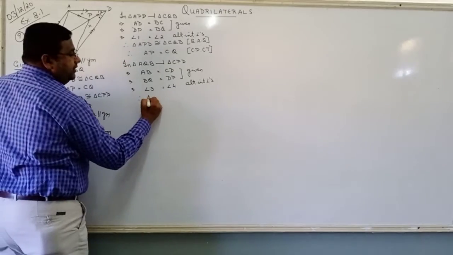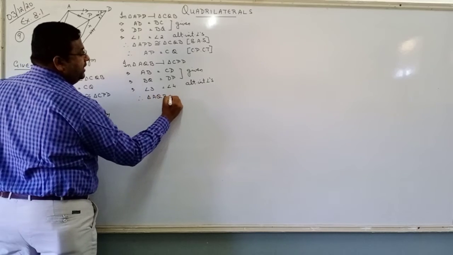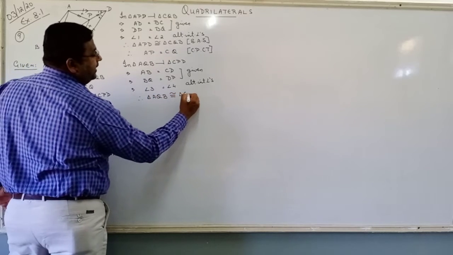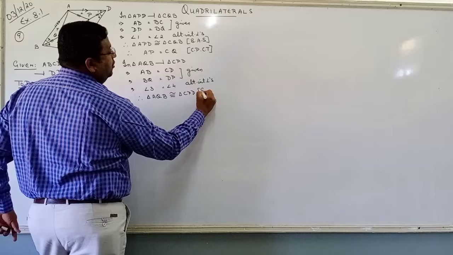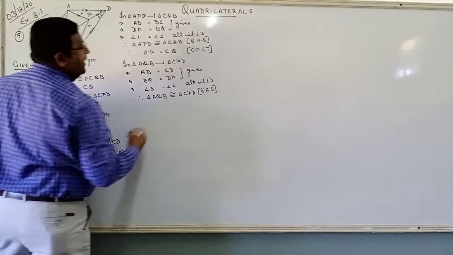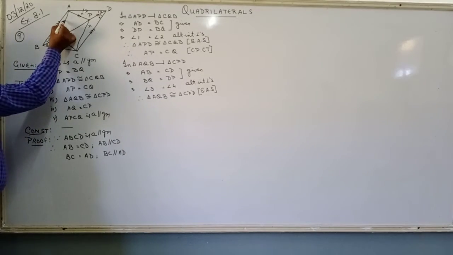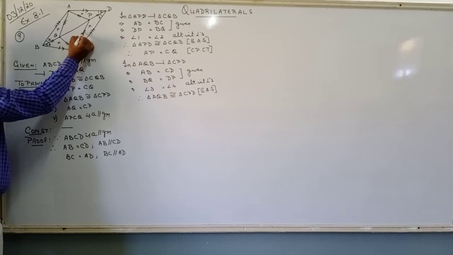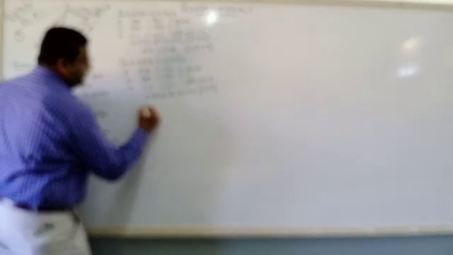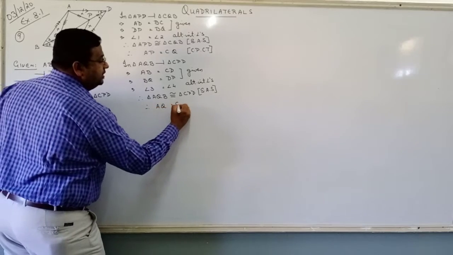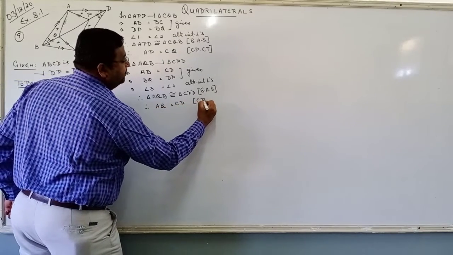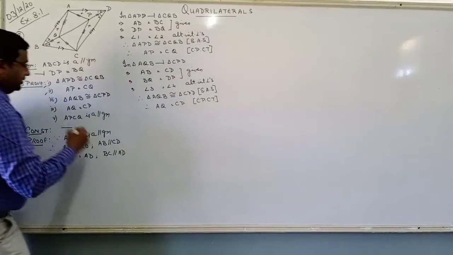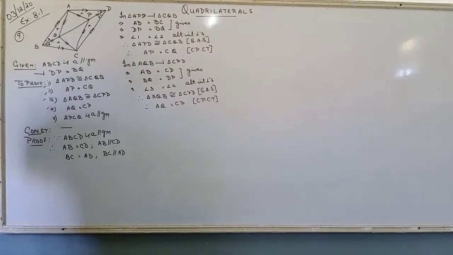So therefore, triangle AQB is congruent to triangle CPD by SAS. And if it is congruent, is this side AQ equal to CP? Reason CPCT. So therefore, AQ is equal to CP. Third and fourth part done.